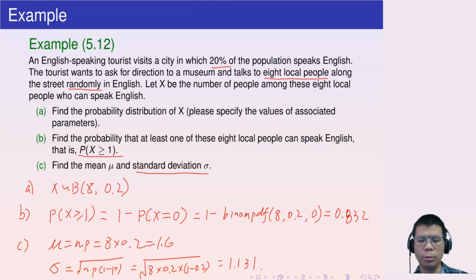So that is how we do this. We first specify the distribution of X, and then based on the distribution and the calculator, we can find the probabilities and also the mean and the standard deviation easily. That's all for this one. I will see you in the next one. Thank you.